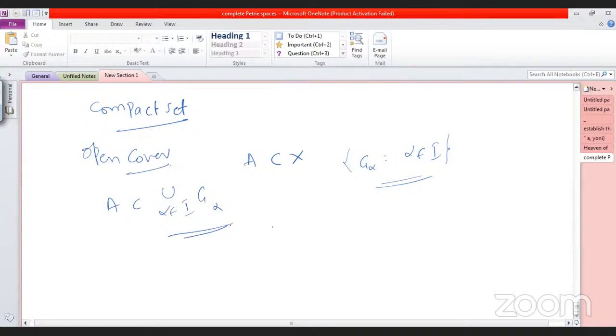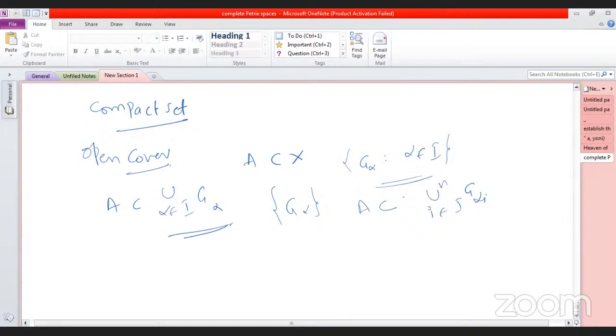That is, if the values in the union of G alpha contain A, then this is an open cover. We can write A subset of the union of G alpha for i from 1 to n. The index indicates alpha 1, alpha 2 and so on up to alpha n.